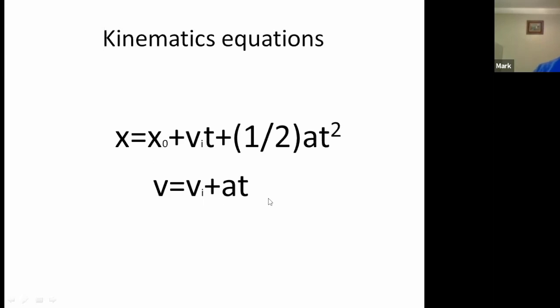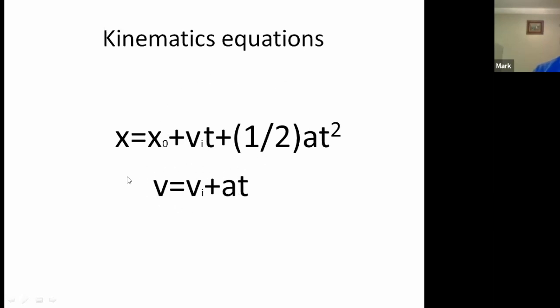Whereas if you just have velocity and acceleration, you may be looking at this bottom equation, right? And the top one is usually more for projectile motion. So if you threw a rock somewhere and you wanted to see how far away it would go or how long it would take until it hits the ground, you would usually use this equation.